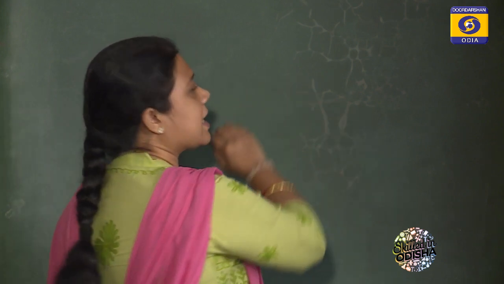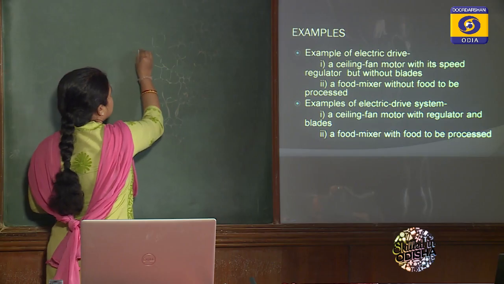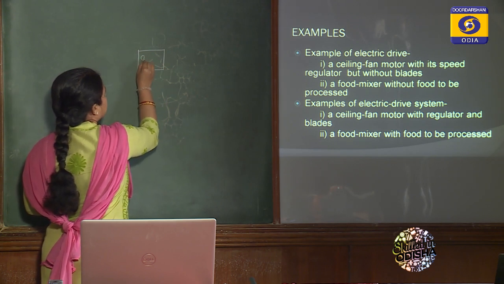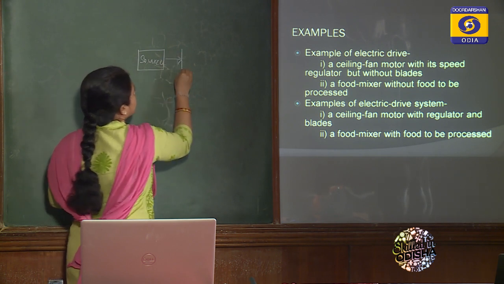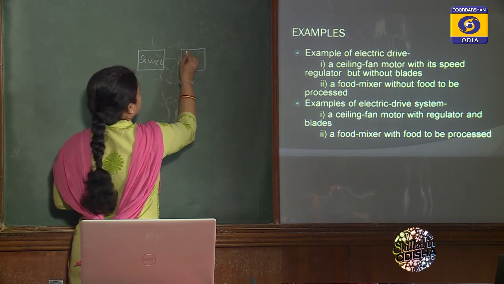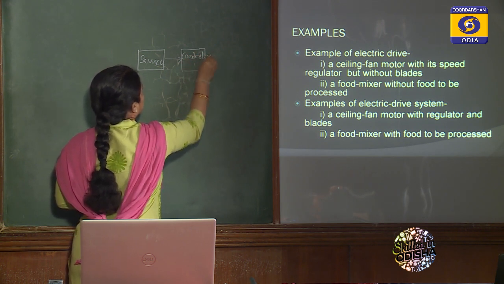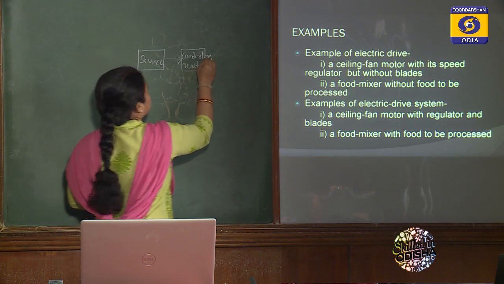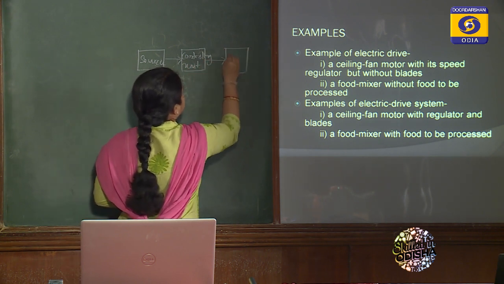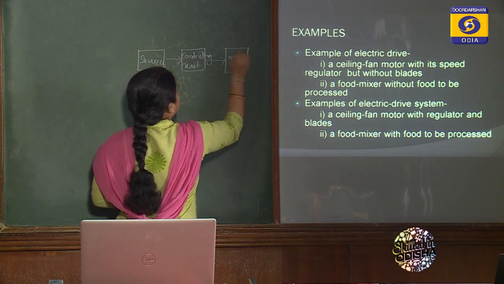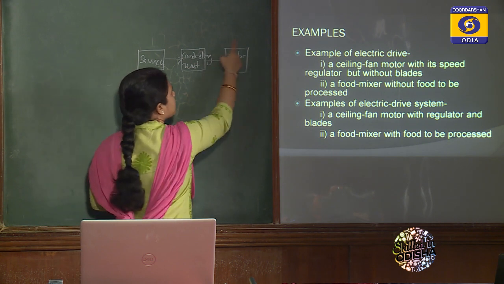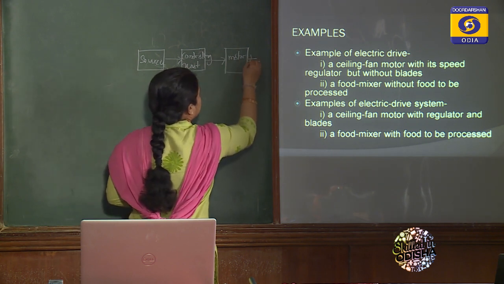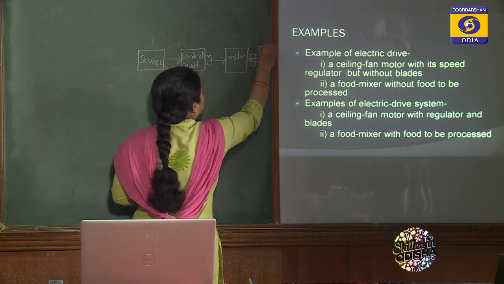So what is the block diagram of electrical drive system? In electrical drive system, first here it will be the main source. Then from this source we will come to our controlling unit. Then from that we will be going to motor. This is our motor. So now this motor will run, means this drive will run, and for the operation of this motor all these are required because we will be getting our output here.